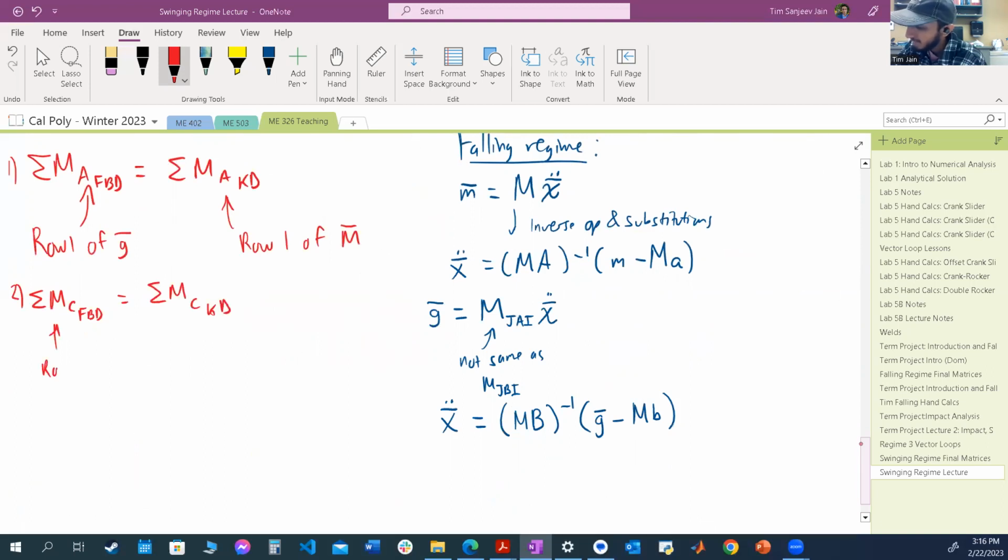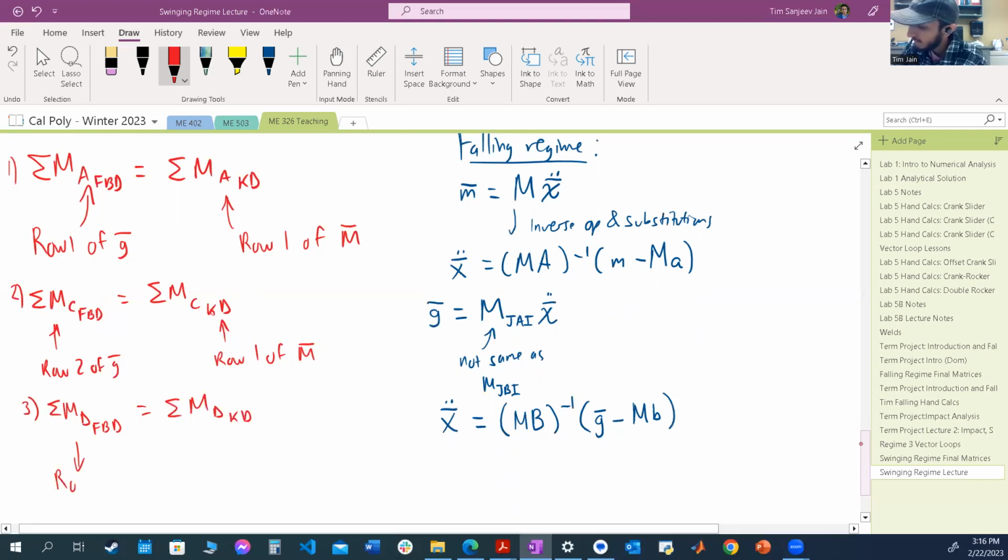That's going to be row 2 of G, and that's going to be row 1 of M. And then the sum of the moments about, I think it was D. So that's row 3 of G, and row 2 of M, sorry, typo.